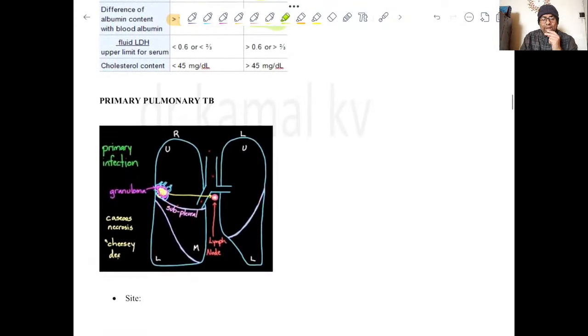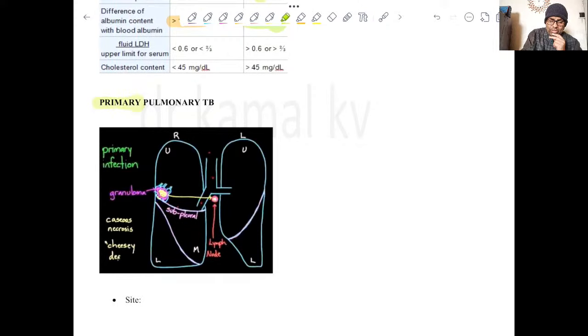Then moving to primary pulmonary tuberculosis. Now when we say the word primary, it means it is happening for the first time, and therefore it is usually seen in children. Suppose this is the lung. Now when the bacterium enters into the body for the first time, suppose this is the upper lobe and this is the lower lobe. Clear?